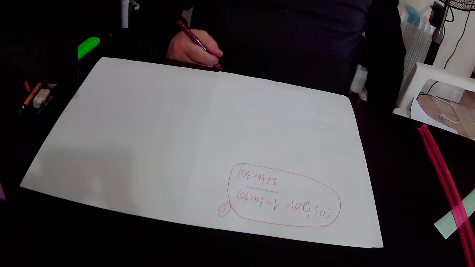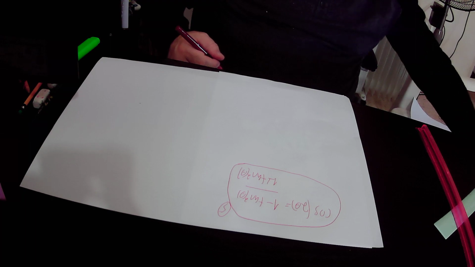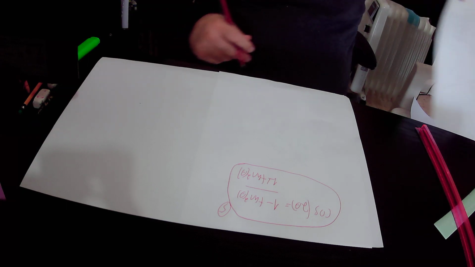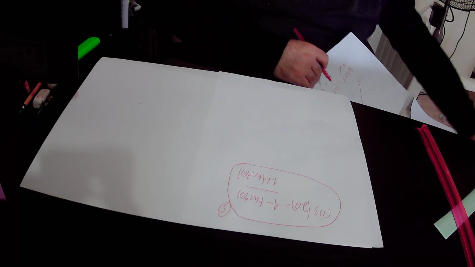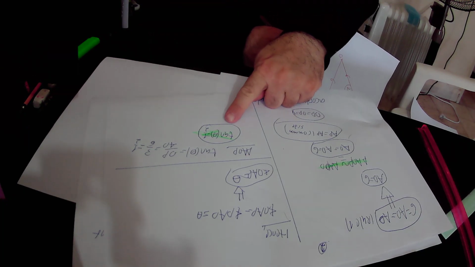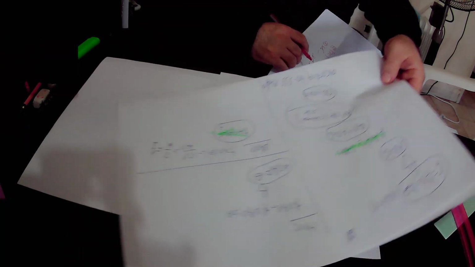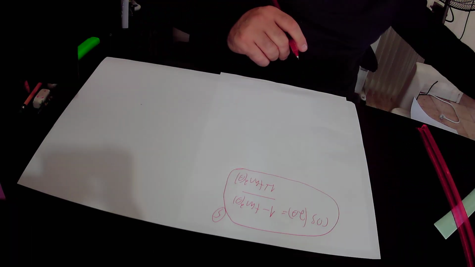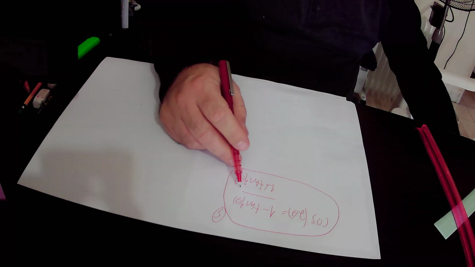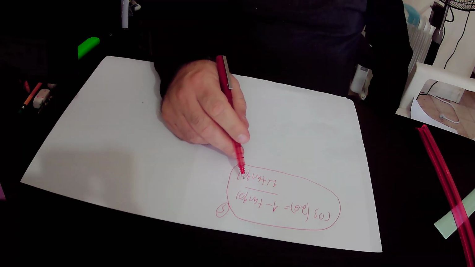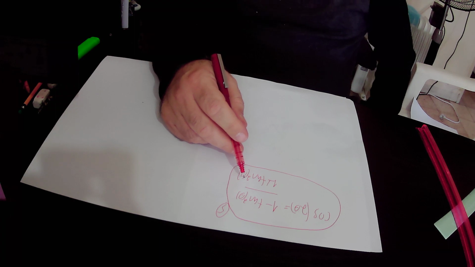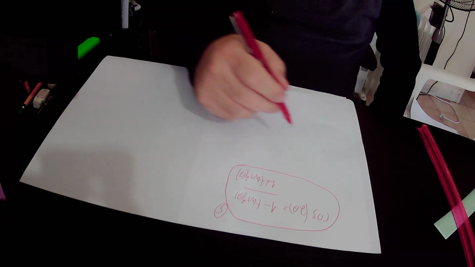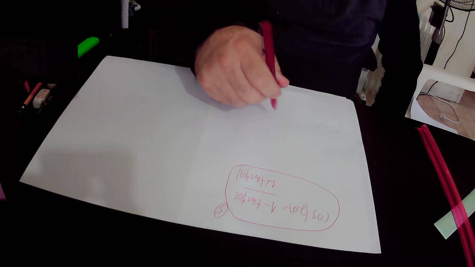Actually, we have already found out that tangent theta equals 1 over 2. So we'll substitute tangent theta in this trigonometric identity by 1 over 2.